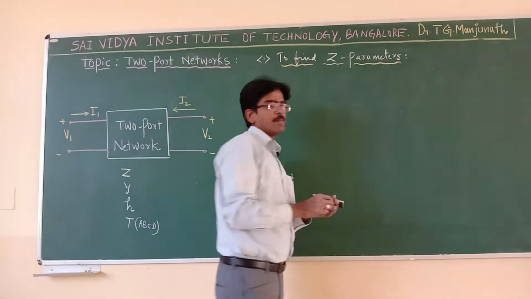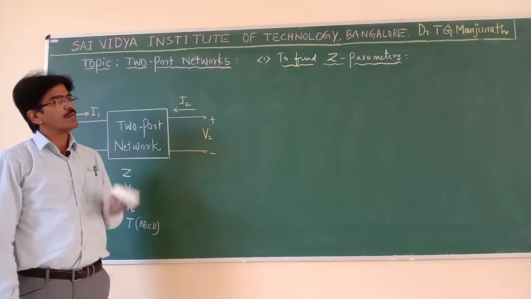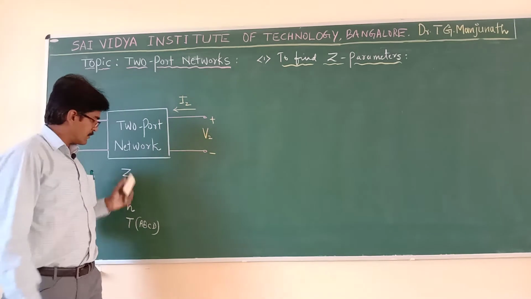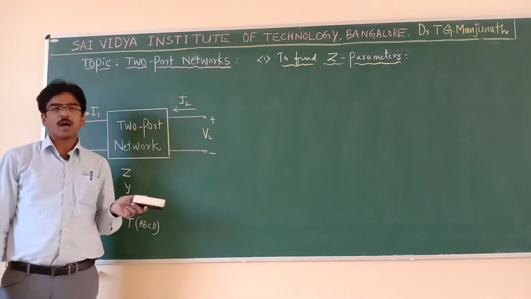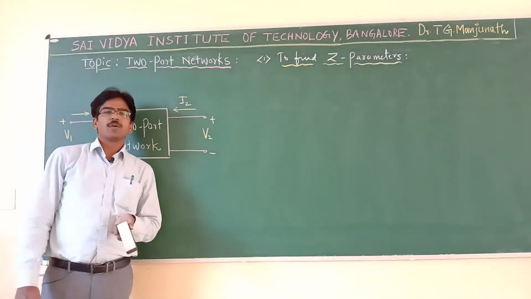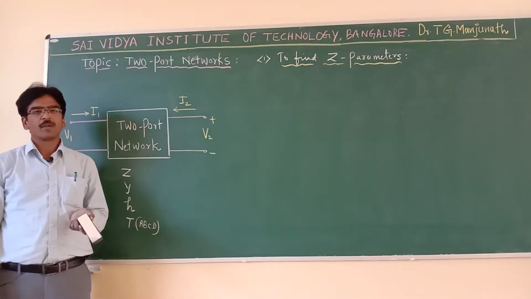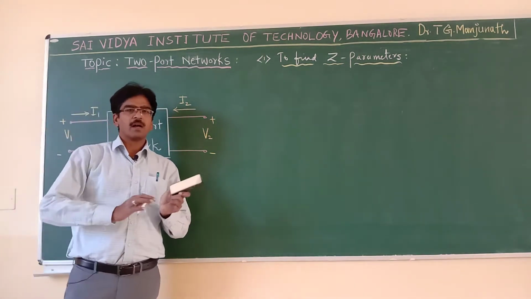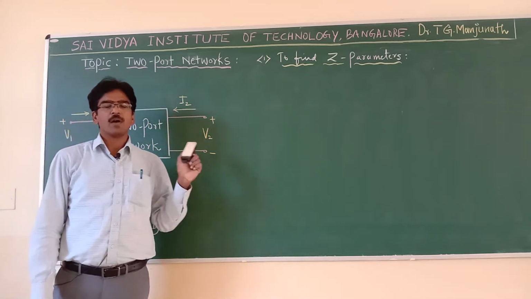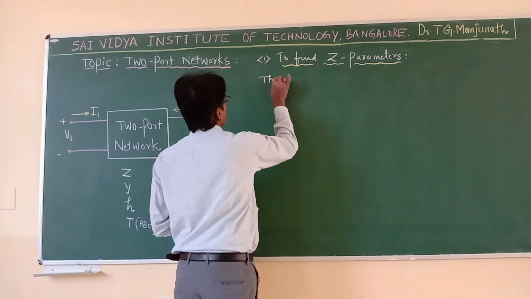To find any parameters, or to obtain the relationship between any parameters, or to solve any problem in this module, you should know the defining equations of each parameter. How to write the defining equations has already been explained; please go through my last video on two-port networks.